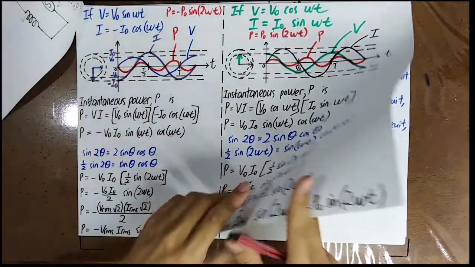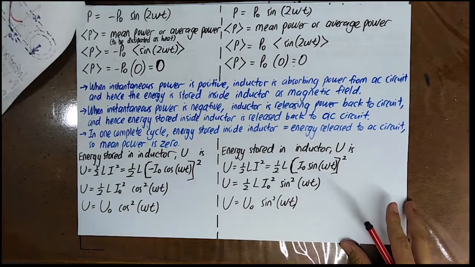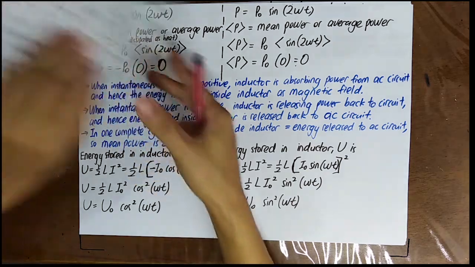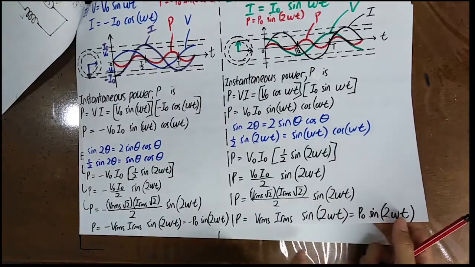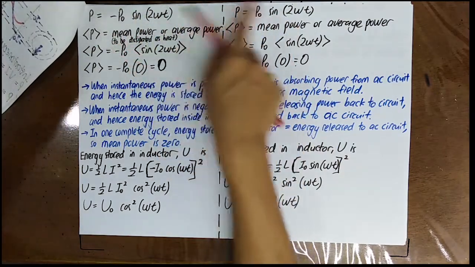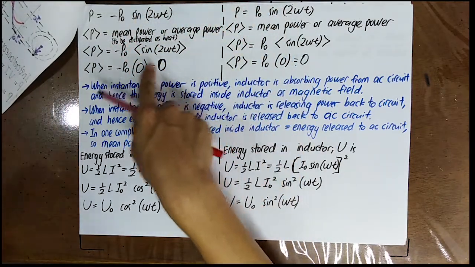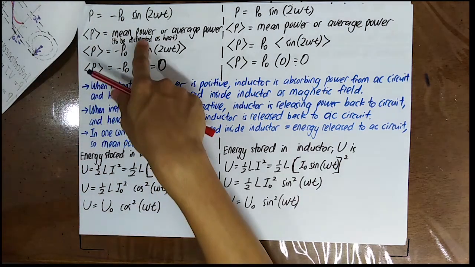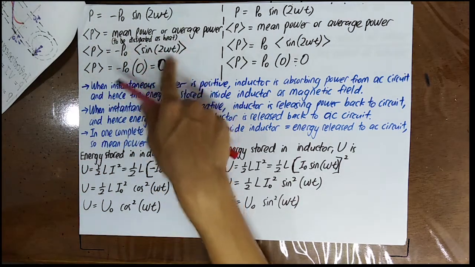Okay, so now just now you get P equal to negative P naught sine 2 omega t, and then P equal to P naught sine 2 omega t for the two different cases. You want to know the mean value of the instantaneous power, then you use this kind of method.